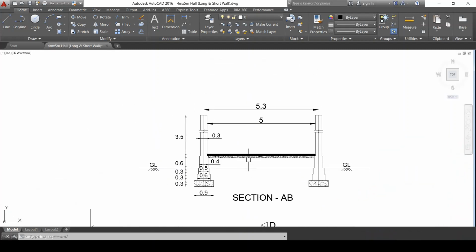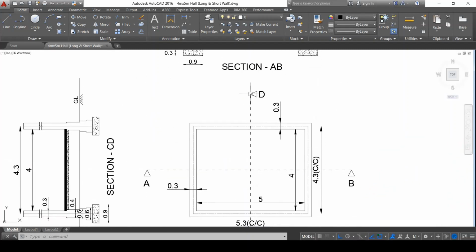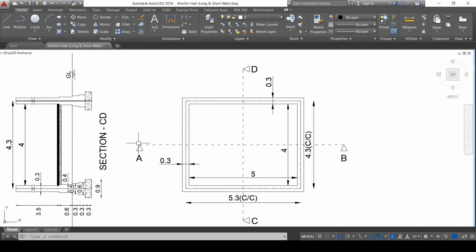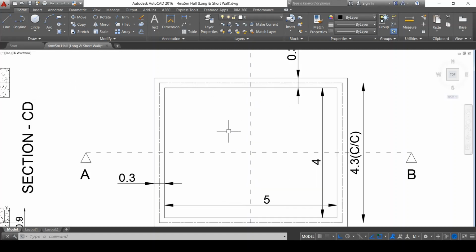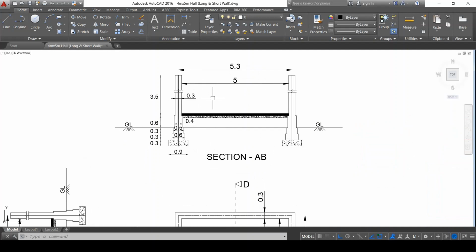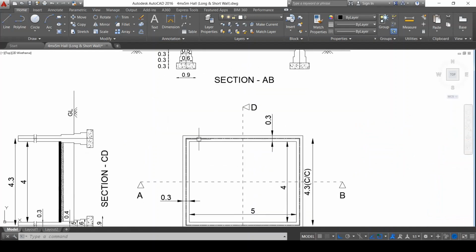In the furthermore classes, we'll also look at the calculation of RCC roofs and the deductions to be made in the walls, because we cannot just construct a wall. We always will have a door and windows and opening for the ventilation. So these things also have to be considered. When I provide a door over here, let's say I have provided a door over here, I'm not going to construct any wall over there.